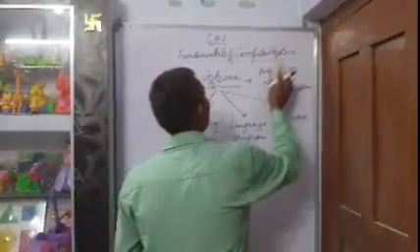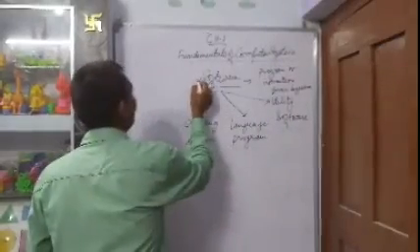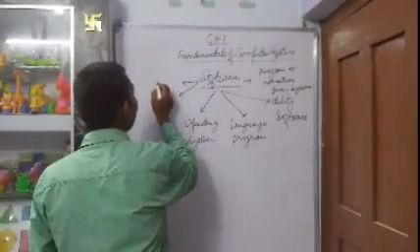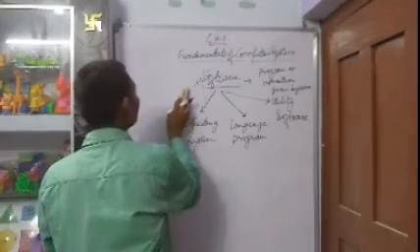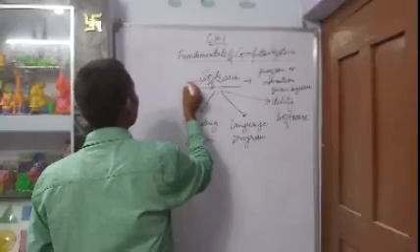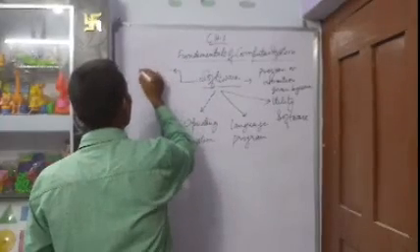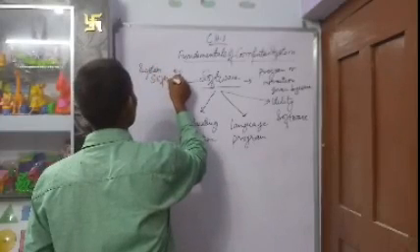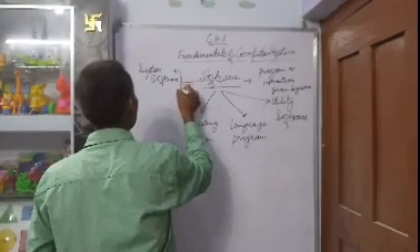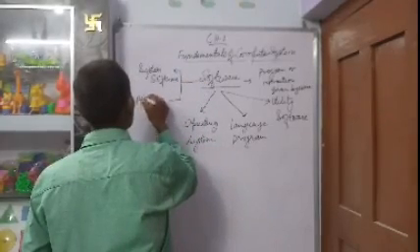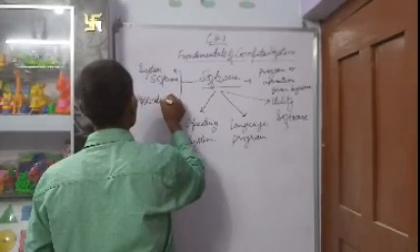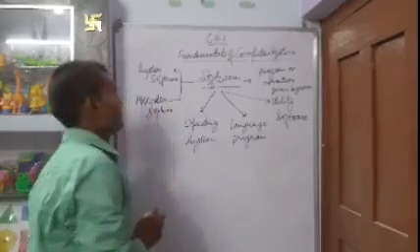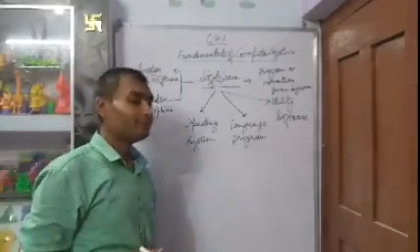There are two types of software. First is the system software, and second is the application software.